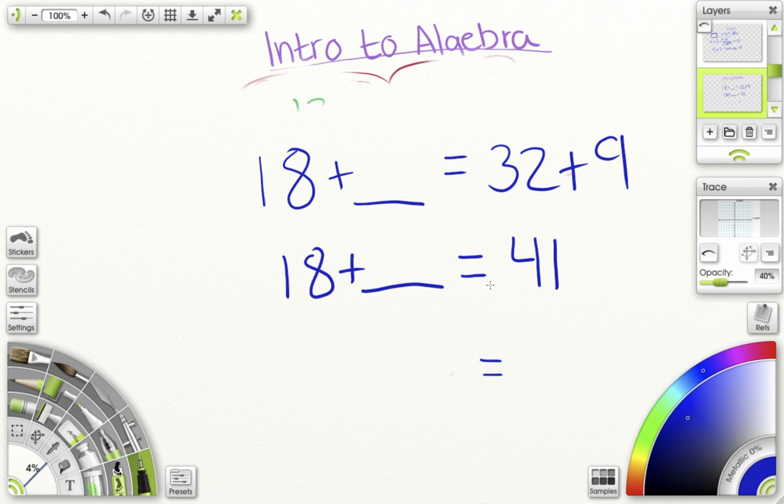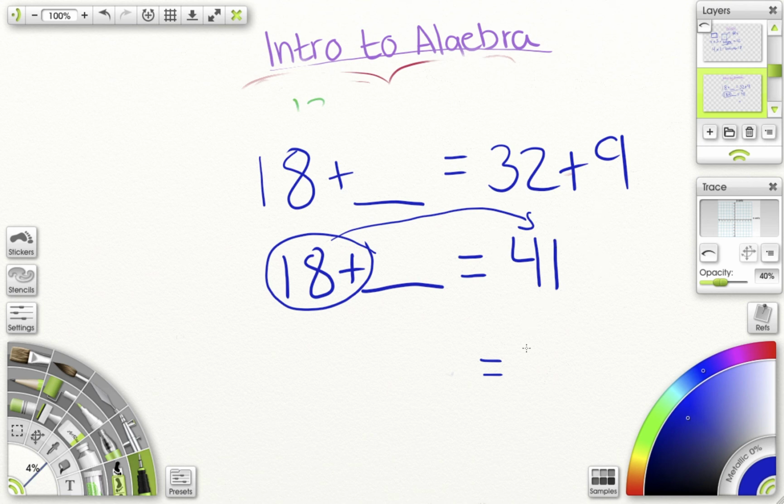Well, what I do is I'm going to move this 18 over to this side of the equal sign. However, I can't do 18 plus 41. That's going to be way too big of a number because it has to be equivalent to 41, right? 41 is my answer. So what I'm doing this time is I'm doing minus.